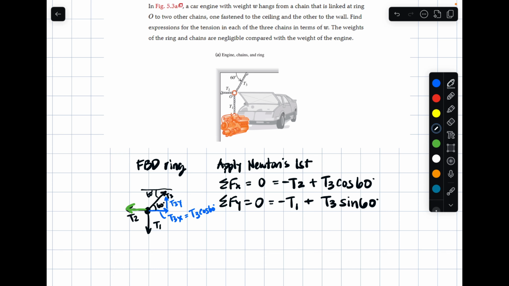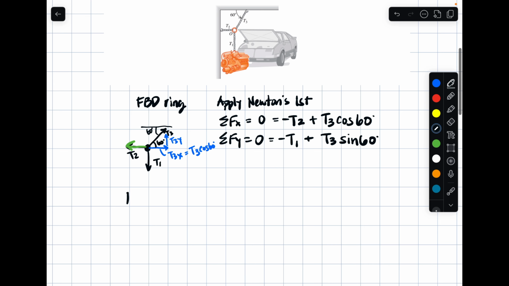So let's draw a free body diagram of the engine. Okay, so the engine has got some weight, W, which is the force of the earth pulling on the engine. The only other thing the engine is in contact with is that ring with the tension in the first chain, T1, right?